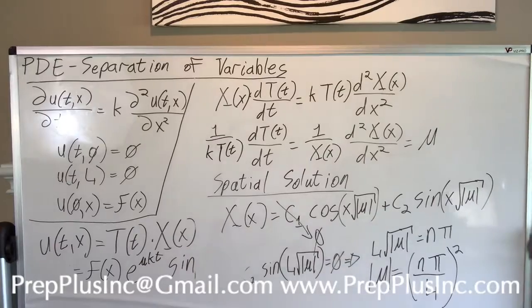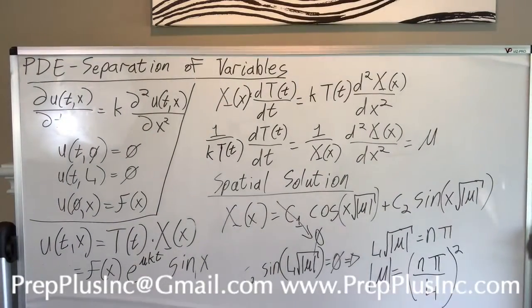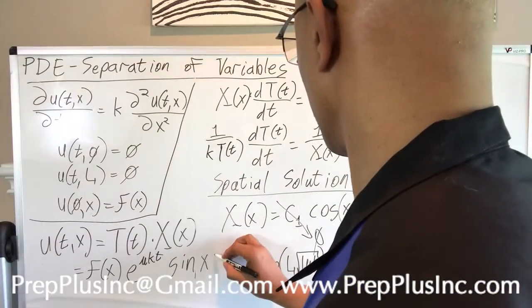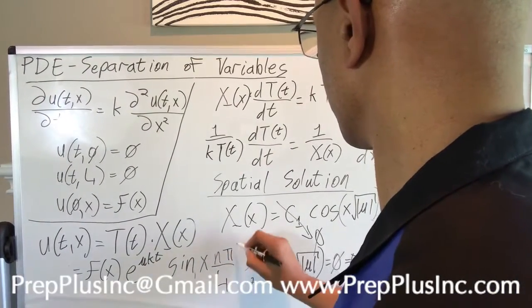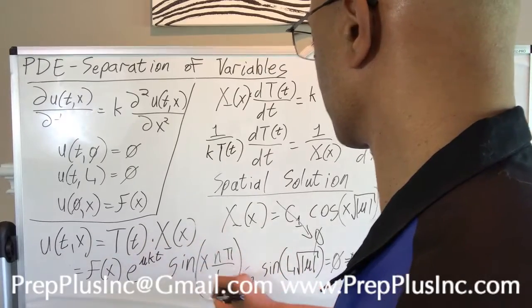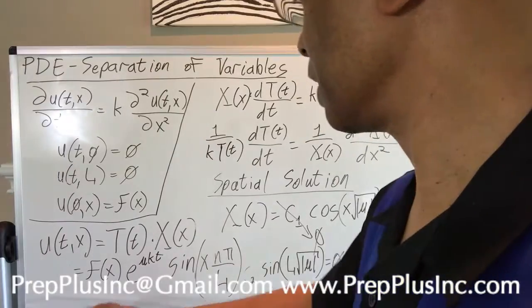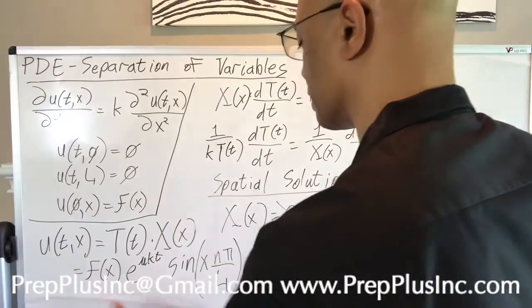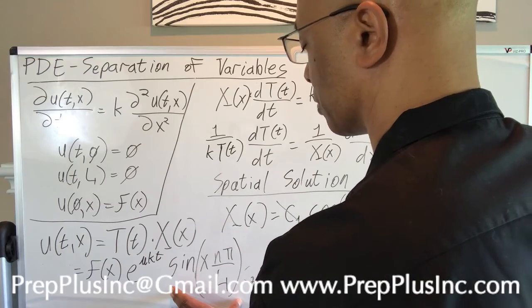This is our solution, x times n pi over L inside the sine. So this is our entire solution: it's the time part times the spatial part.